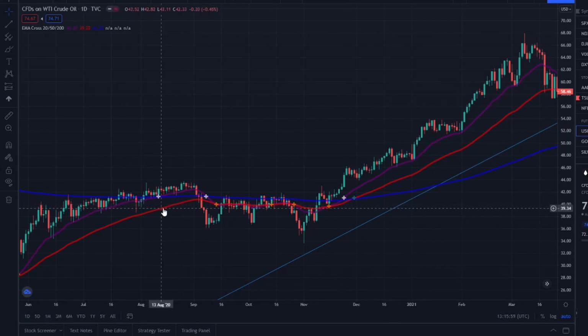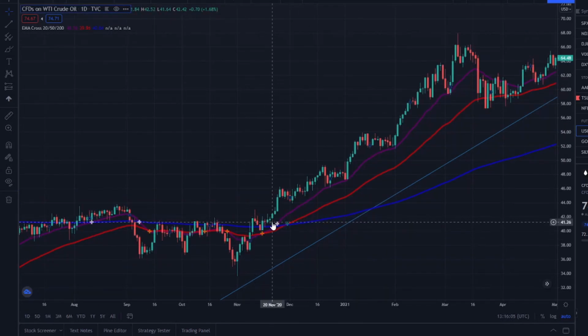But the red line here never crossed the blue line. On the other hand, here we started with the purple line again crossing the blue line, which might indicate that we are on an uptrend.